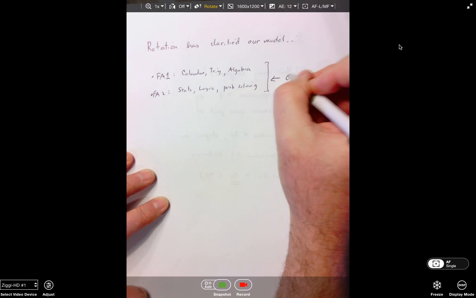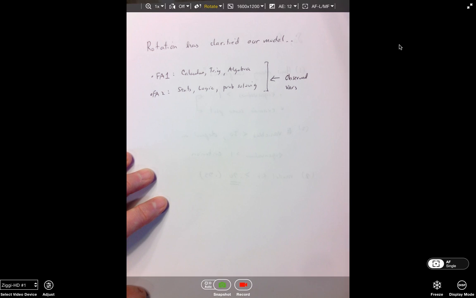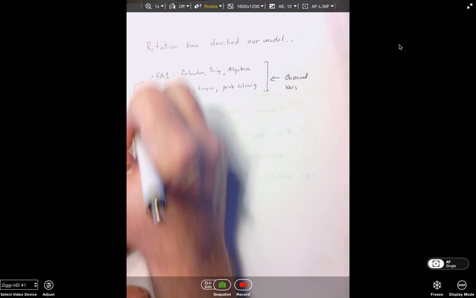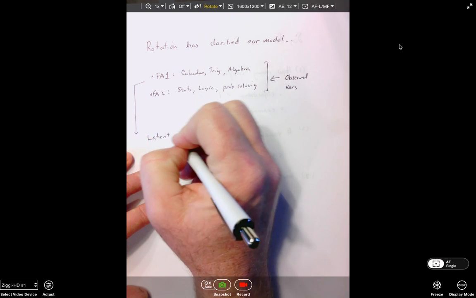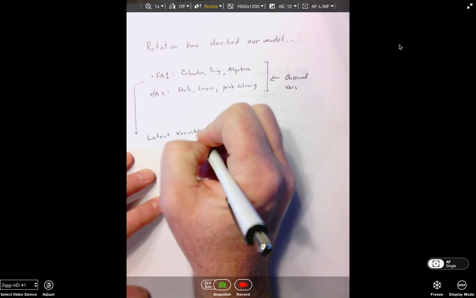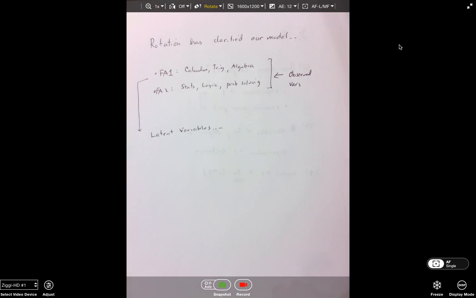These are all observed variables. But I think you can see the construction of some latent variables emerging from the commonalities within each factor.